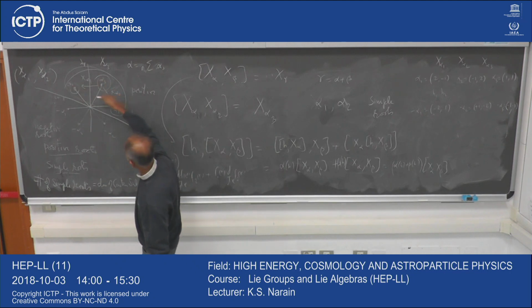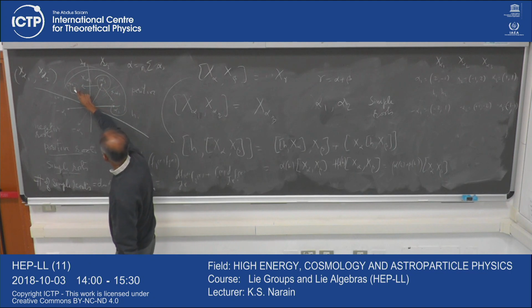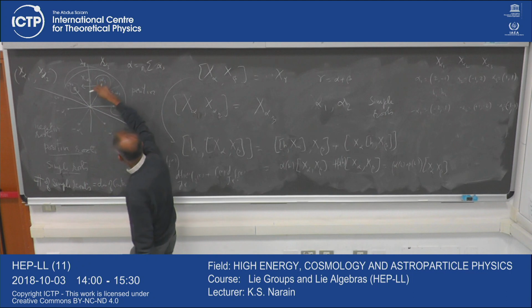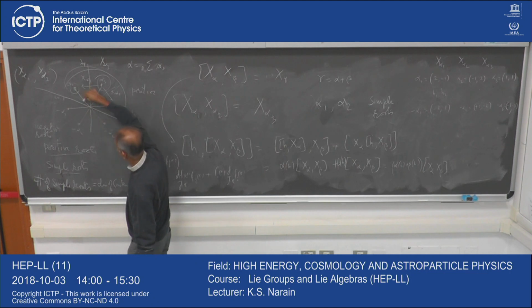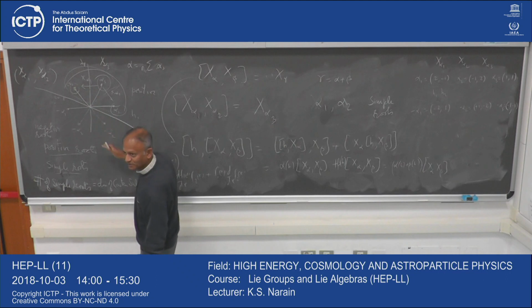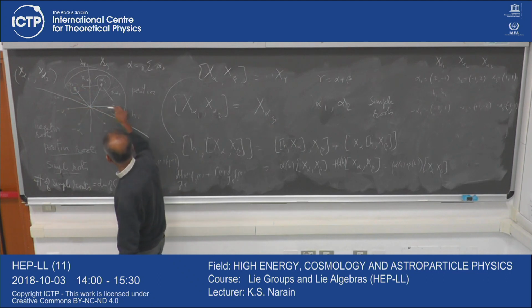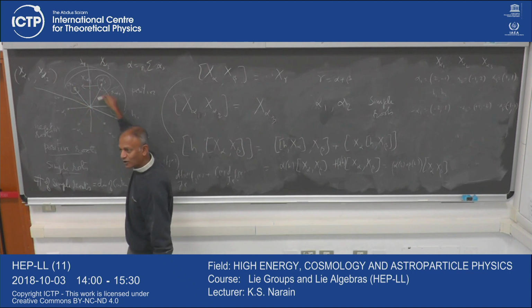Then from here you can construct, since this is a representation of the SU2 algebra, spin 1 from this SU2 point of view, so you get that and that. And this one is spin 1 from this point of view, so you get that and that. Then apply a lowering operator here and you get that. So you construct all these states.